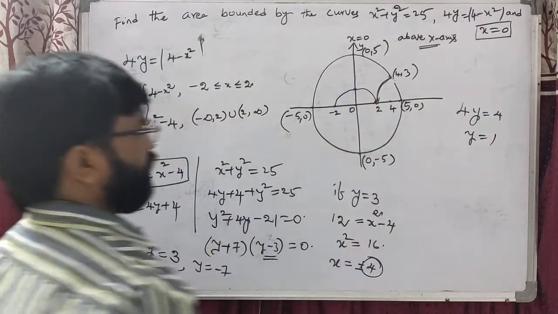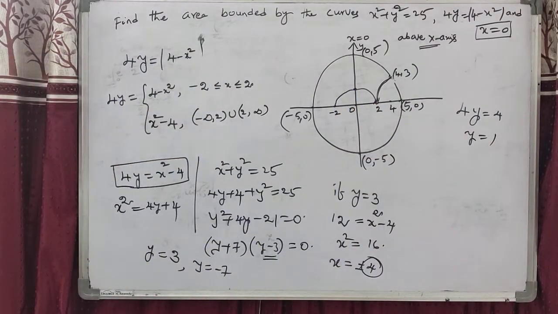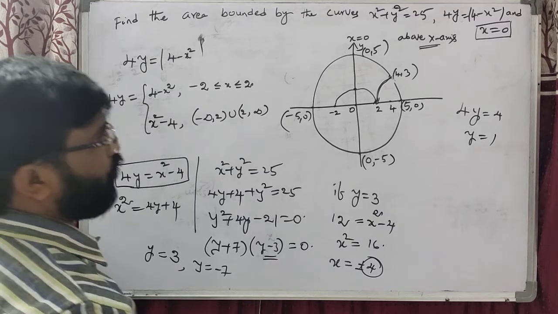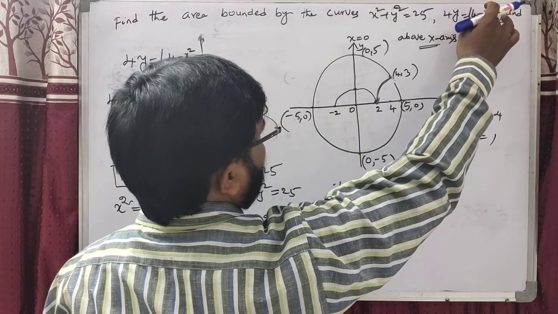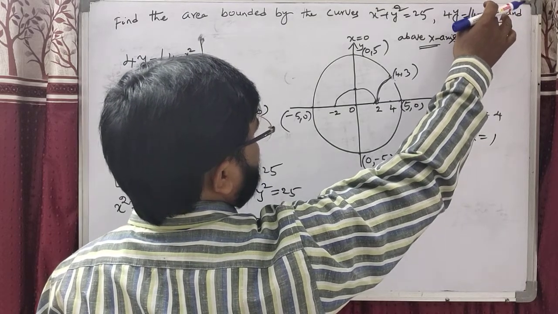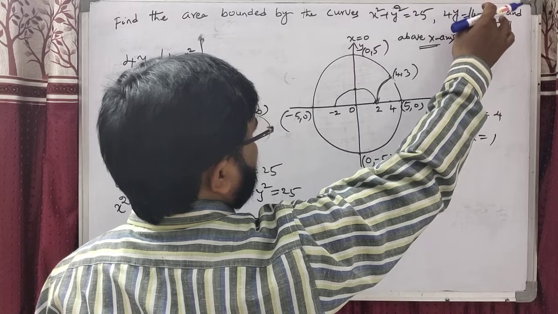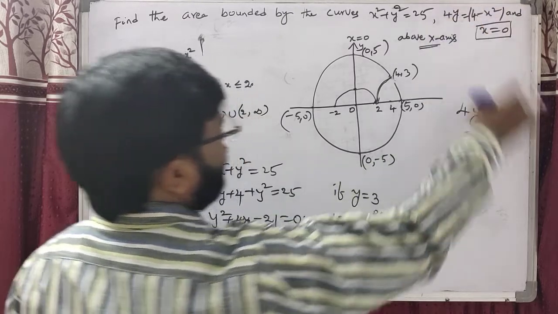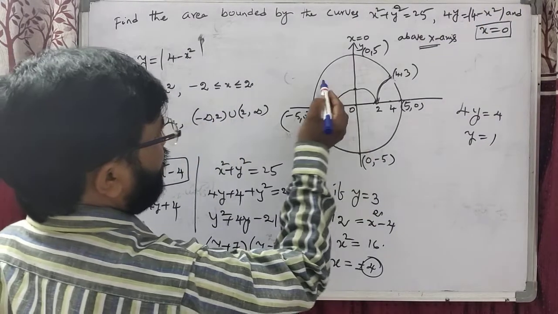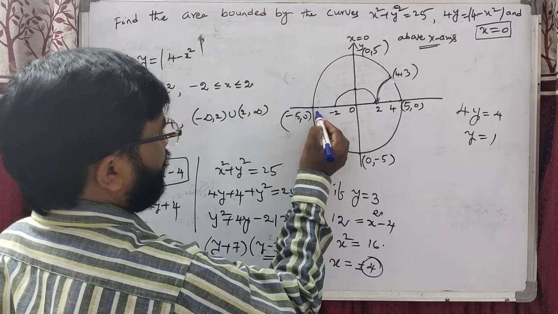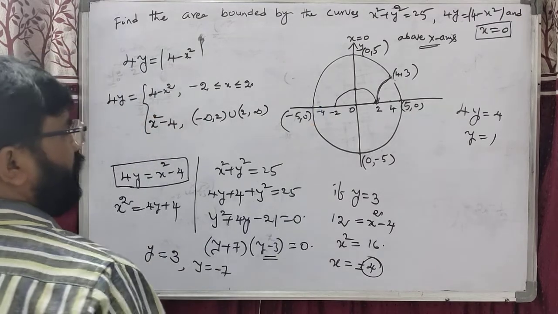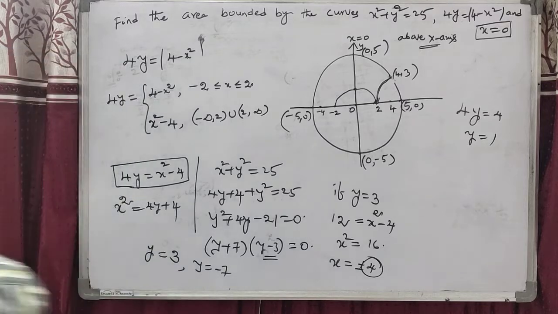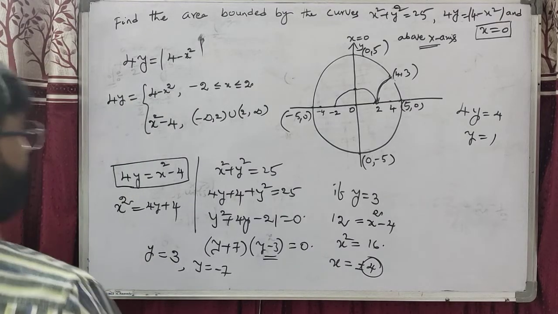This is the graph. Dear students, when we are taking x equal to minus 4, that is 16 minus 4, which is 12, so y will be 3. I already explained, when we take minus 4 we get 3.